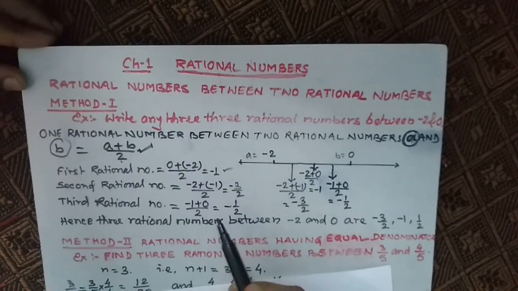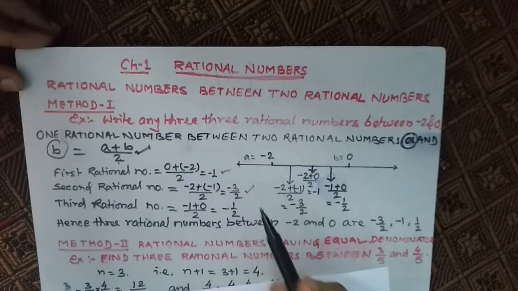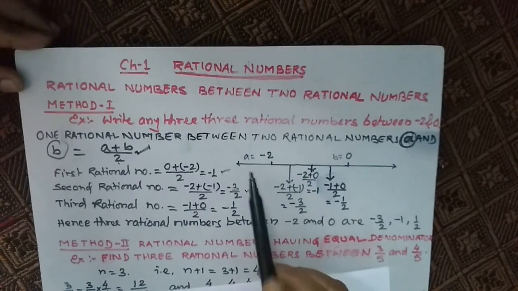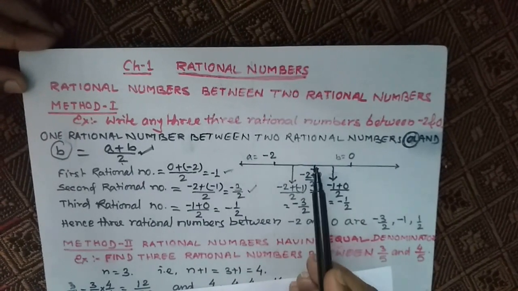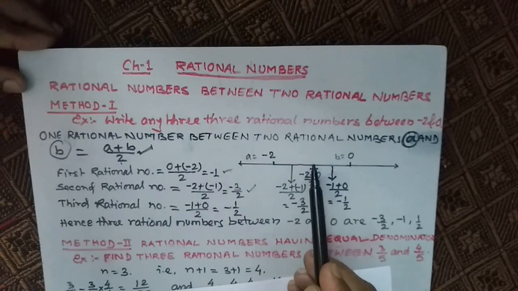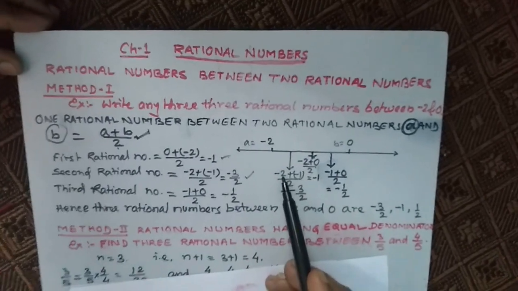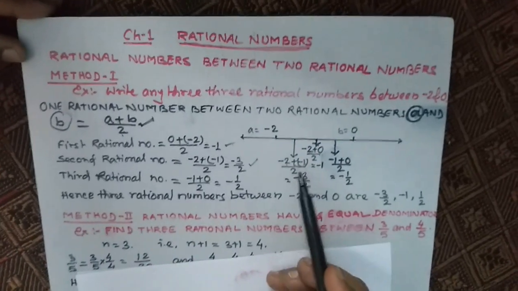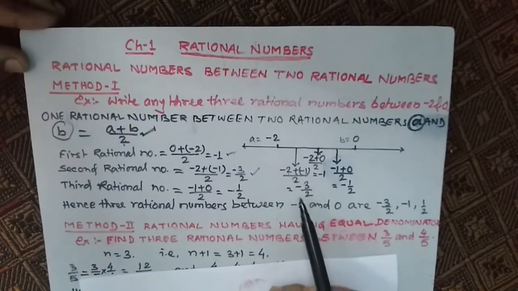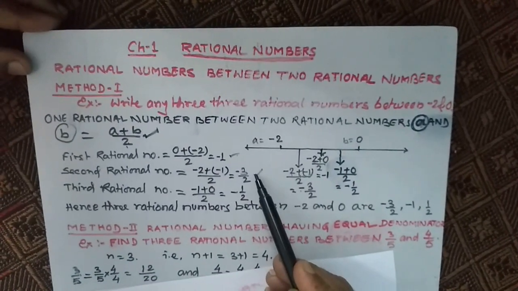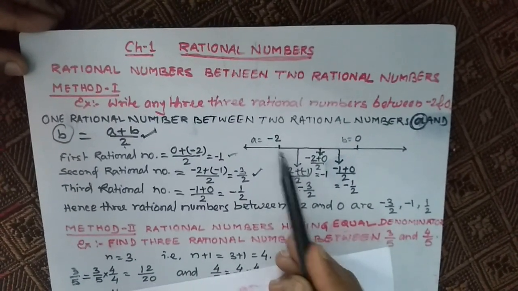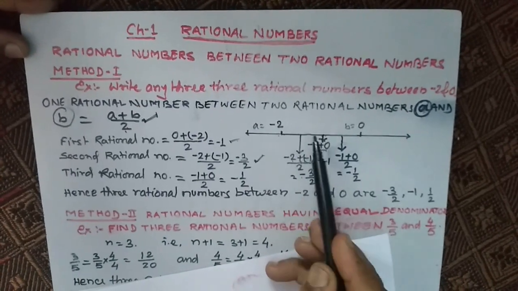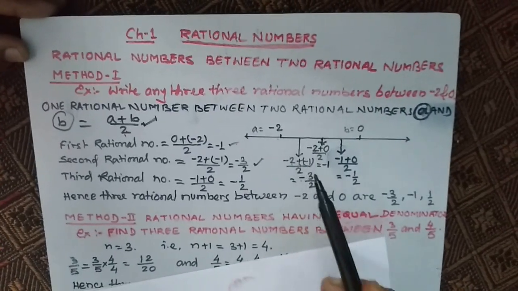Let us find another number, a second number, that lies in between -2 and -1. Then (-2 plus -1) divided by 2 is equal to -3 by 2. -3 by 2 lies in between these two numbers on the number line.